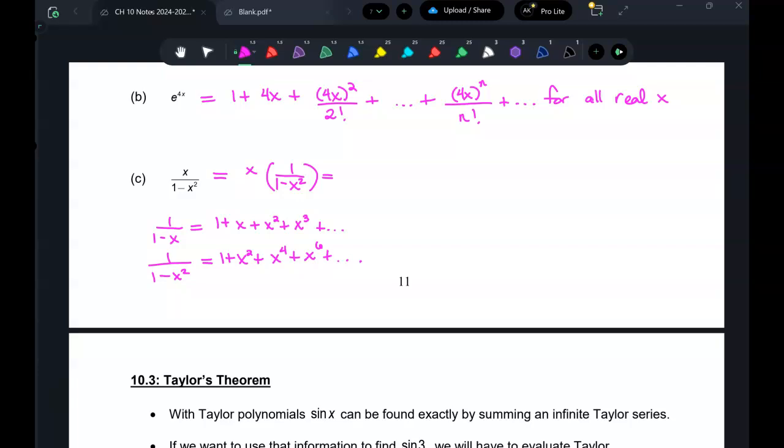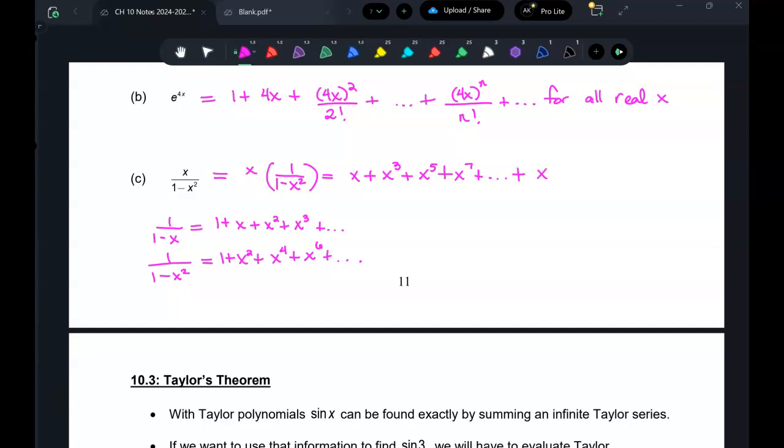So then it's x times x squared, x times x to the 4th. So it's all the odd powers instead of all the evens. It's going to be x plus x cubed plus x to the 5th plus x to the 7th, and so on. What is our pattern?